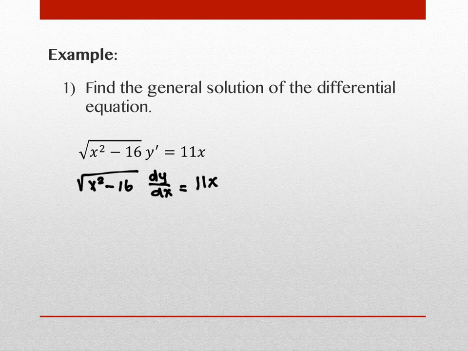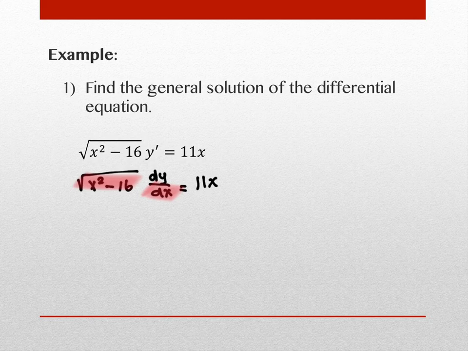Okay, so on the right-hand side, I've already got x's and I don't have any y's. So shifting all the things with x's over to that side seems like a reasonable thing to do. Yeah? So everything on the left that has x's in it, which includes the square root and it includes the dx, can move to the other side using inverse operations.